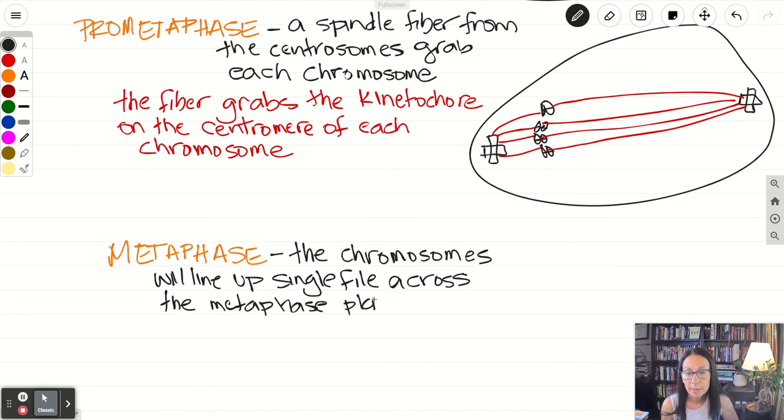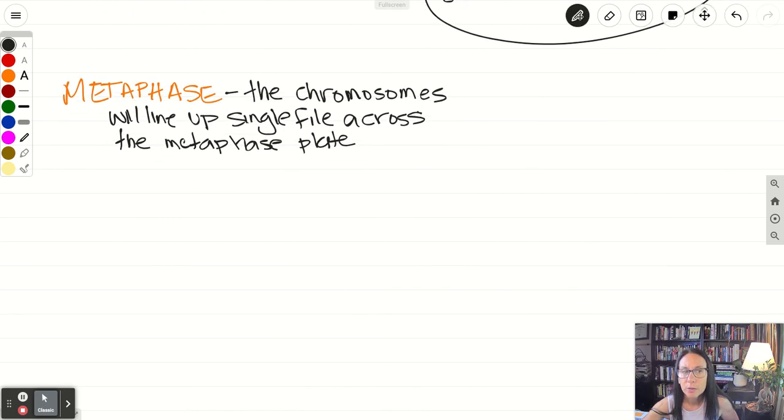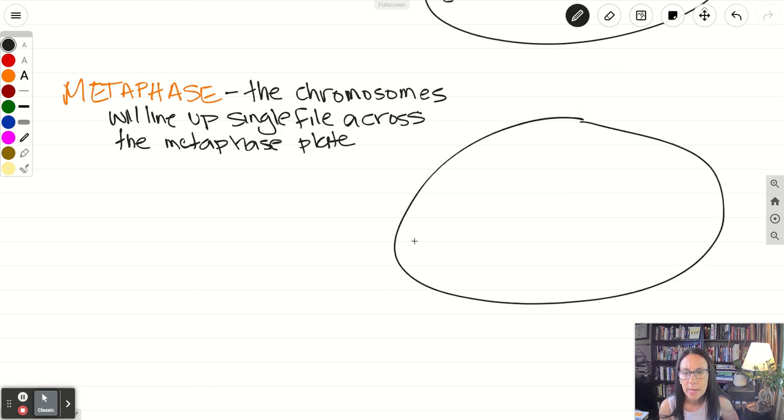Okay, and let me draw it so you can see what I'm talking about. And so this is going to be all controlled by those spindle fibers. So here is the cell, okay? And so we've got one centrosome here, one centrosome here, and they have the spindle fibers, and they're going to line up the chromosomes. Sorry, that's kind of messy.